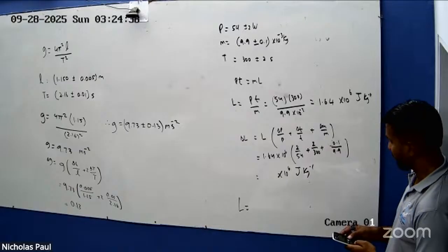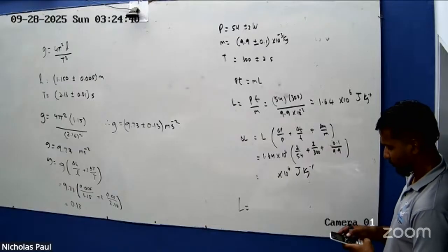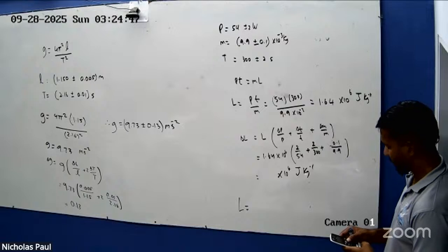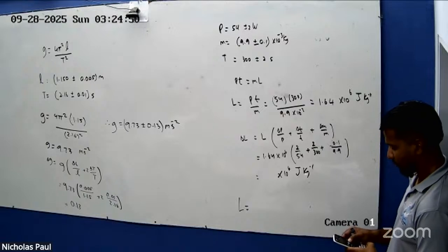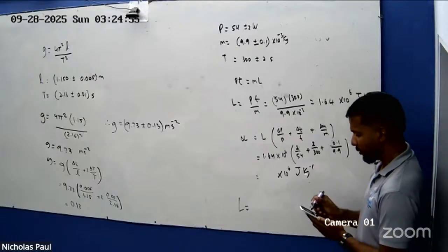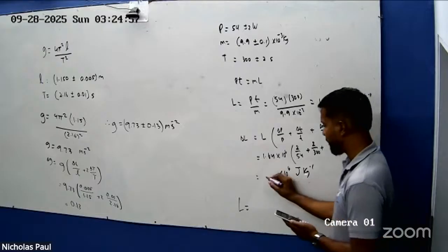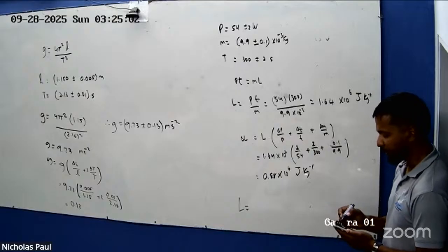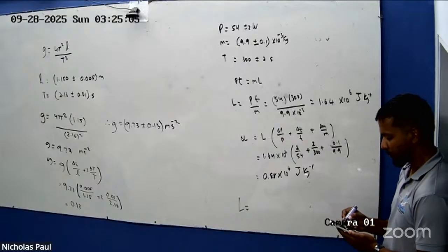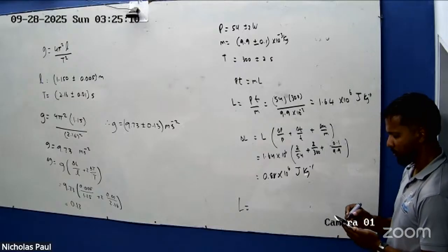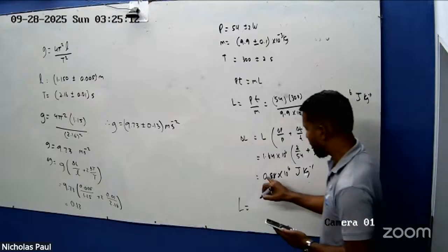That's 1.0 by 10 to the 6. So it is 1, 2, 3, 4, 5, so it's 0.08. Yeah, 0.08.